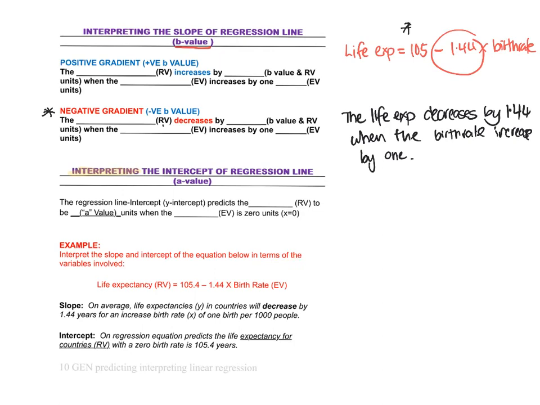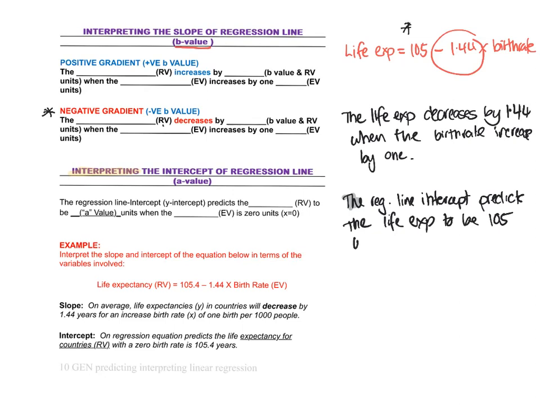I'd write the regression line intercept, I'm just shorthanding here, predicts the RV, so the life expectancy, to be 105, because that's the A value, when the EV, birth rate, is 0.